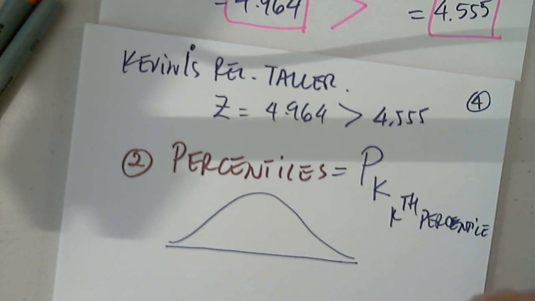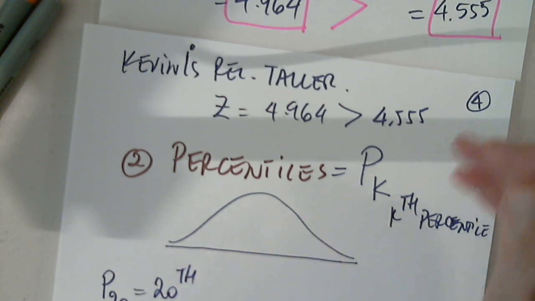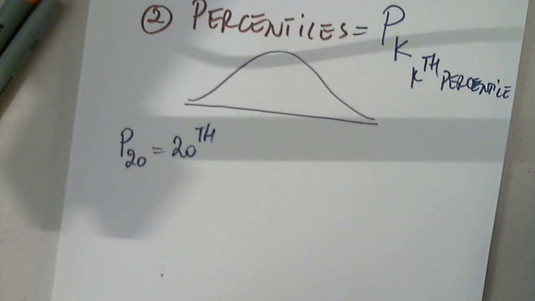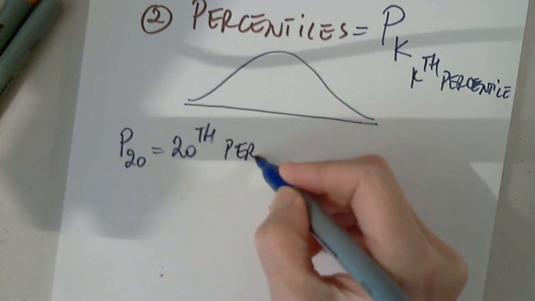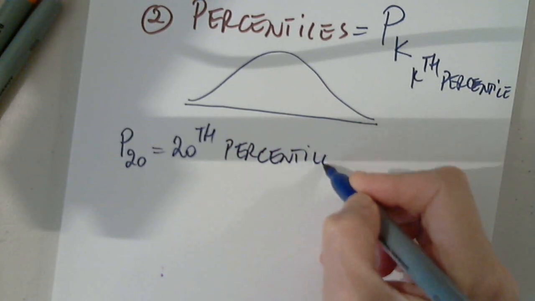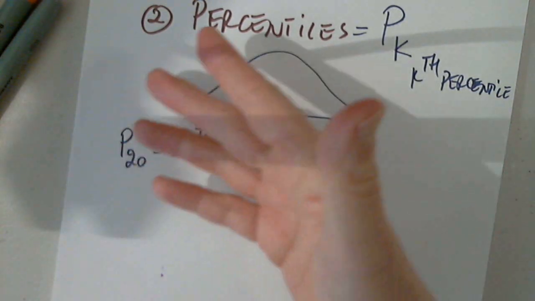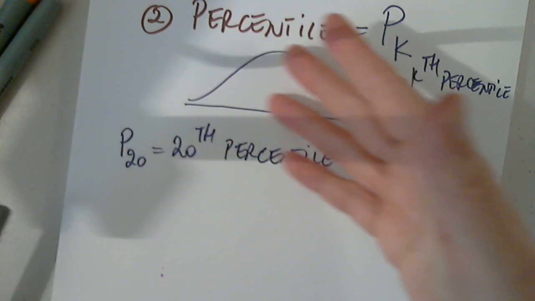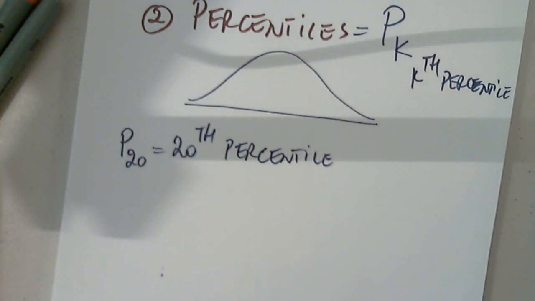Okay, so if I want, let's say, to determine P20, which means the 20th percentile, I will divide the entire data, 100%, into 5 equal parts.